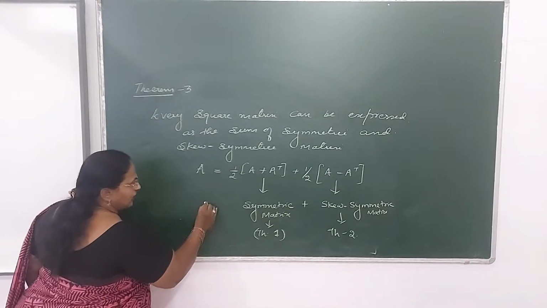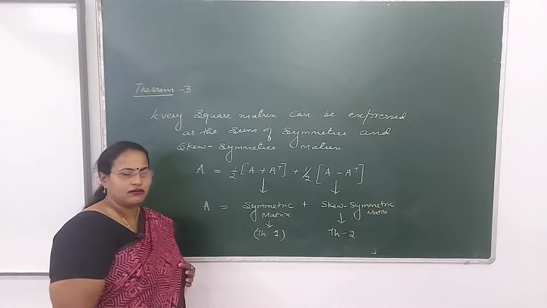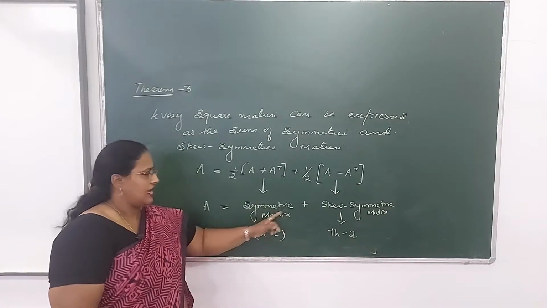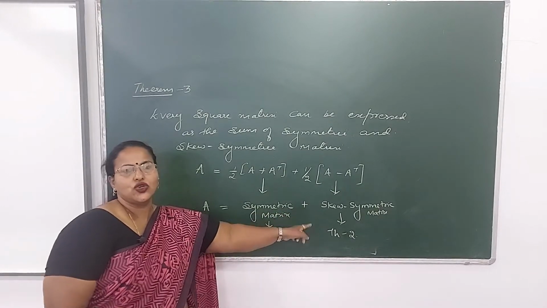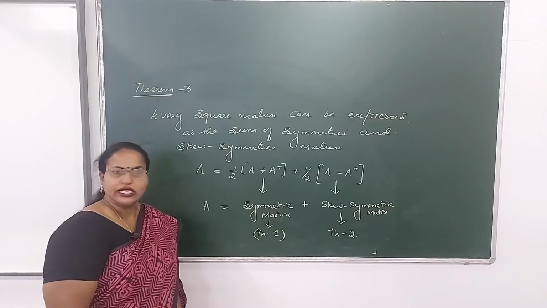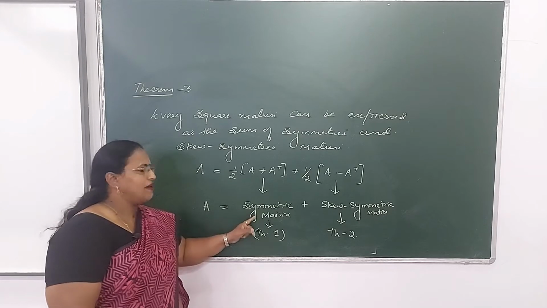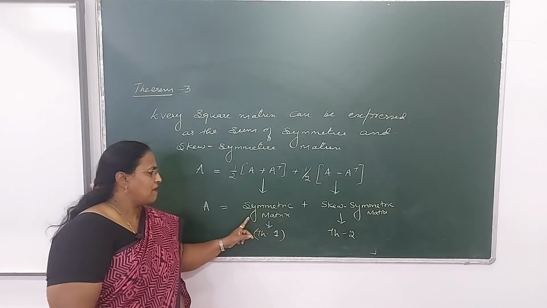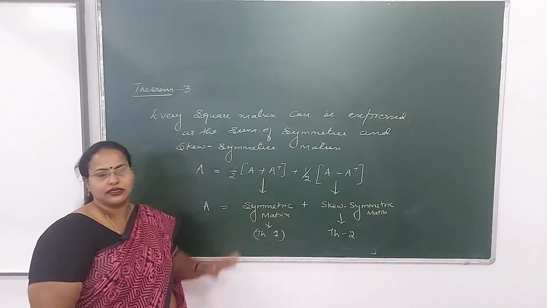That means every square matrix can be expressed as the sum of a symmetric and a skew symmetric matrix. Is it okay?